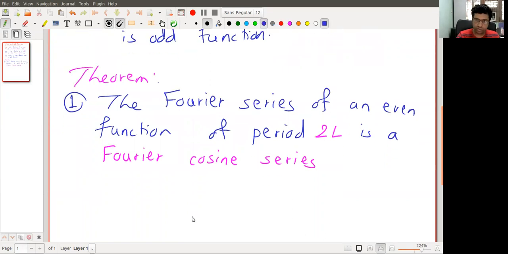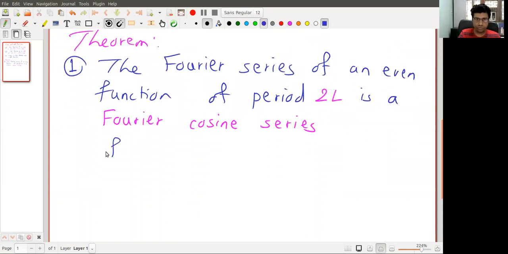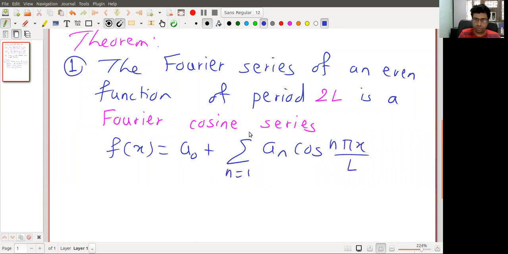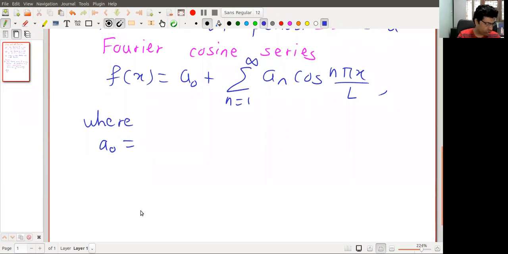f of x equal to a0 plus summation an cos n pi x upon L, n from 1 to infinity, where a0 is 1 upon L. Note that it is not 1 upon 2L, it is 1 upon L. Integral from 0 to L f of x dx.